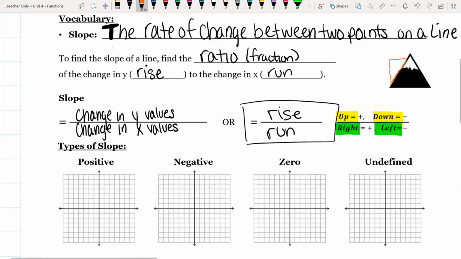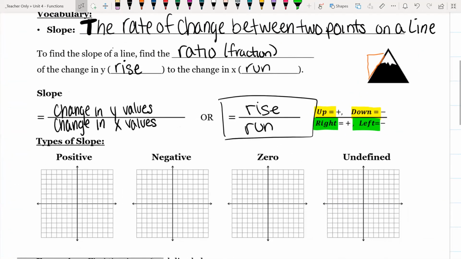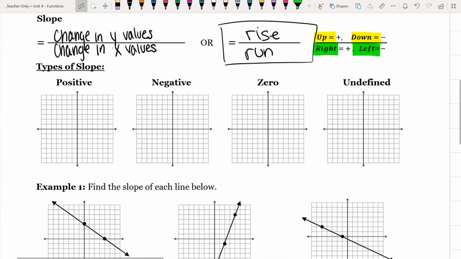Let's look at the 4 different types of slopes, okay? There's a positive slope, which is just when you're going up a mountain, right? So positive is when we're going uphill. Think about going up a mountain. If this was the mountain, we'd be going up the mountain.